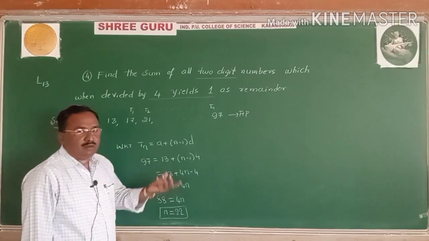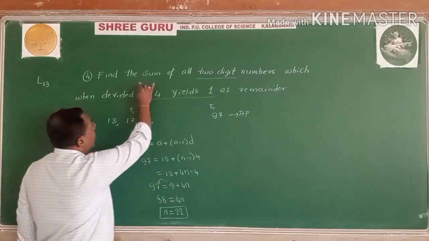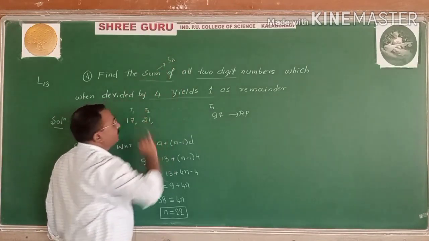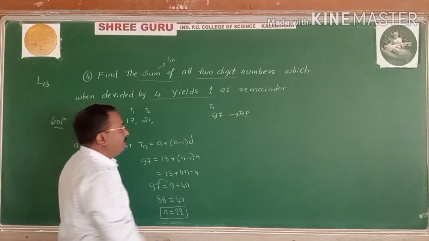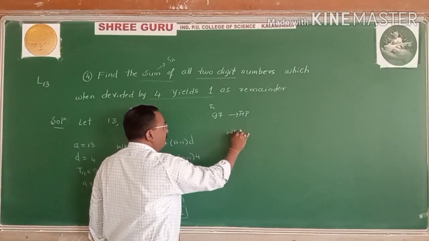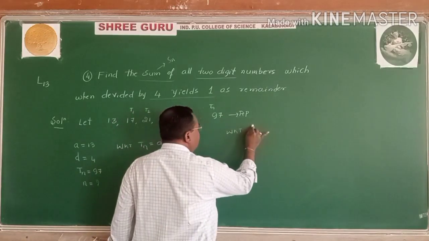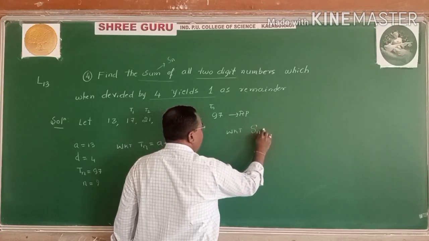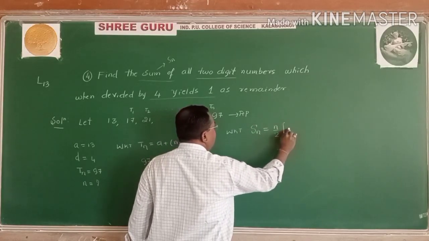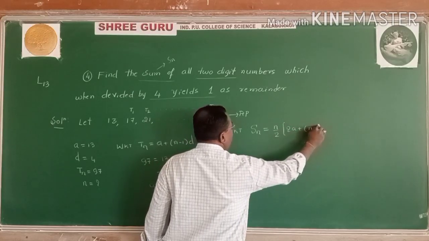Divided by 4 yields remainder 1. Find the sum. Sum means to find Sn. We know that Sn is equal to n by 2 into 2a plus n minus 1 into d.